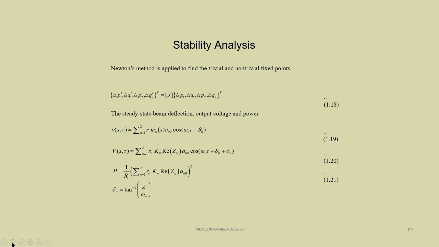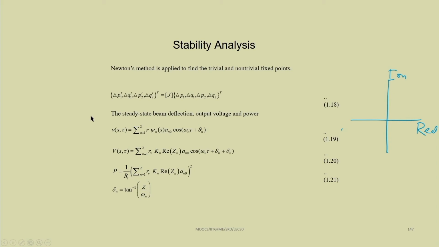If the real part of the eigenvalue lies in the left hand side of the S plane, then the system is stable. This is real, this is imaginary. If it is lying in the left hand side of the S plane, it will be stable, otherwise it is unstable. One can study the stability and bifurcations of the response.